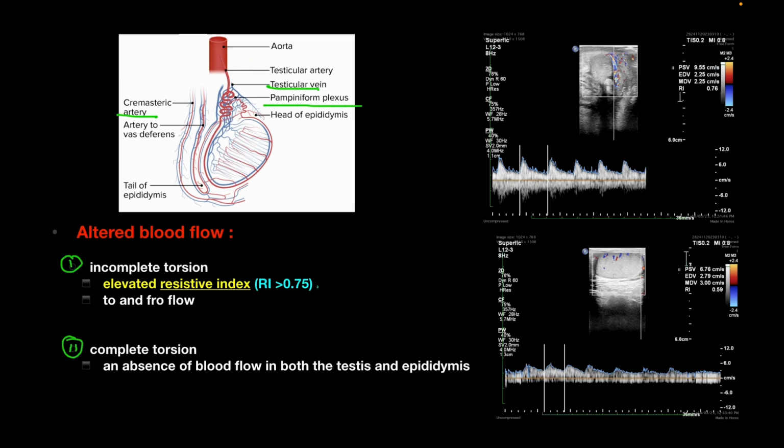In incomplete torsion, there is an elevated resistive index, more than 0.75, and to-and-fro flow of blood. In complete torsion, there is absence of blood flow in both the testis and epididymis. In my case, there is absence of blood flow in both the testis as well as the epididymis. That's why it is complete torsion.